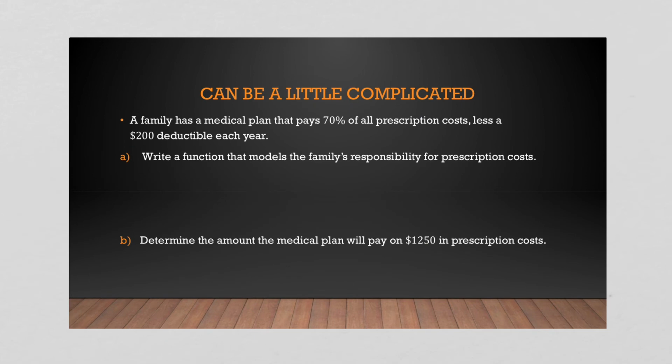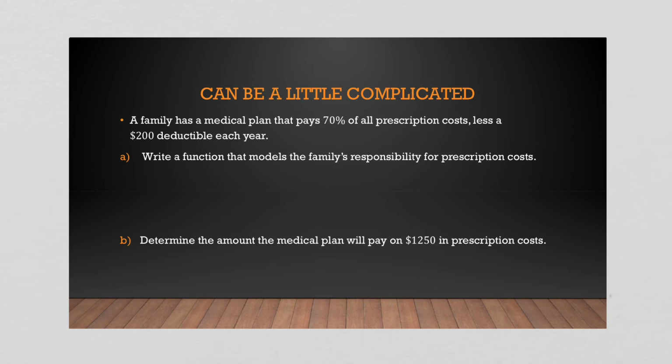So let's do one more here. A family has a medical plan that pays 70% of all prescribed costs, less than a $200 deductible each year. So write a function that models the family's responsibility for prescription costs. So this sounds kind of hard, and it is kind of hard, right? Because we've got to look at a whole bunch of different things here.